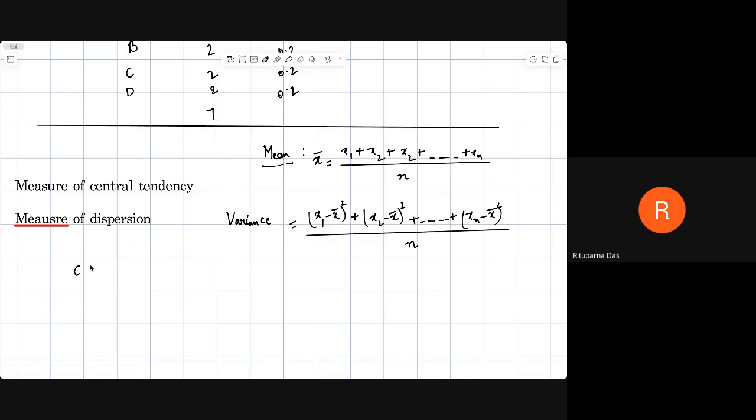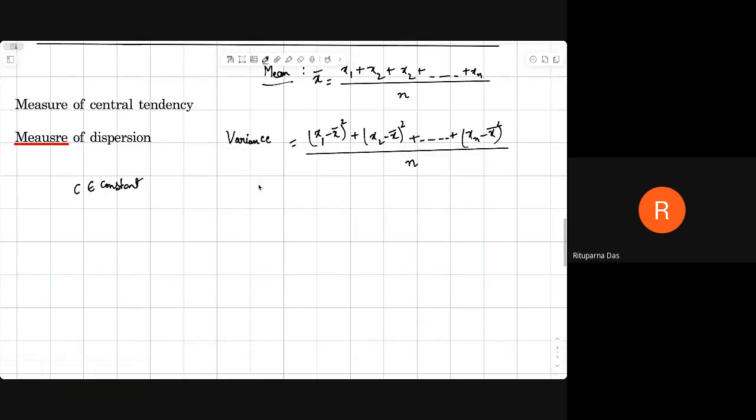Say you have a constant c, and the new observations are x1 plus c, x2 plus c, xn plus c. Then the new mean is going to be x bar plus c. Same is for the variance, okay?